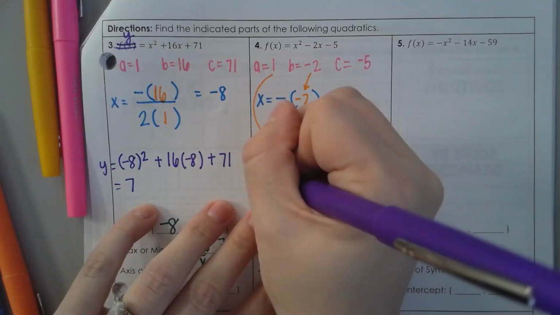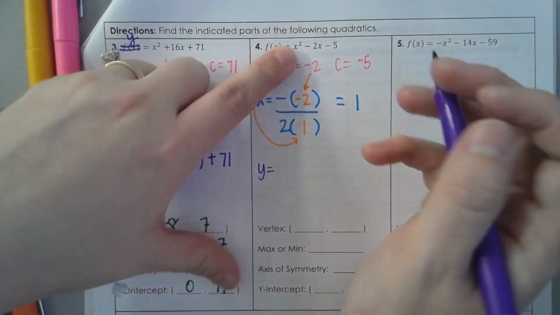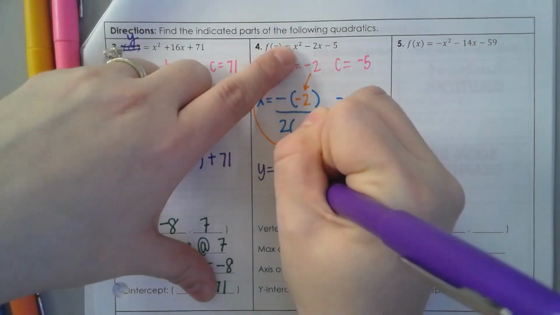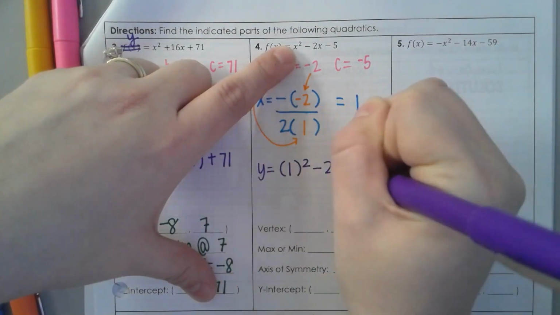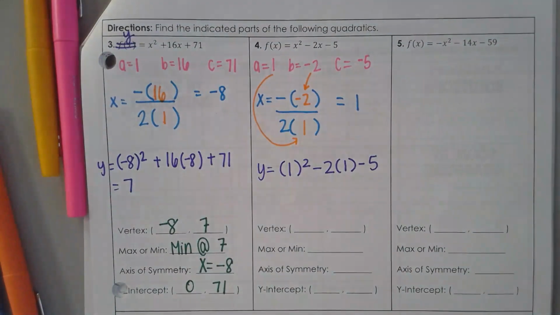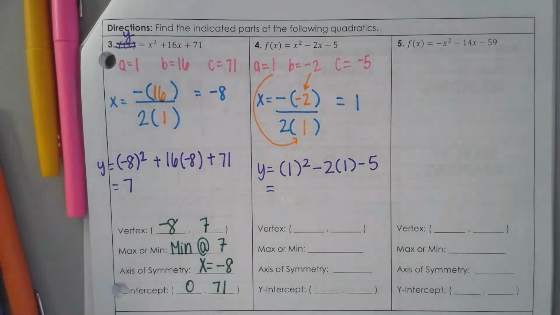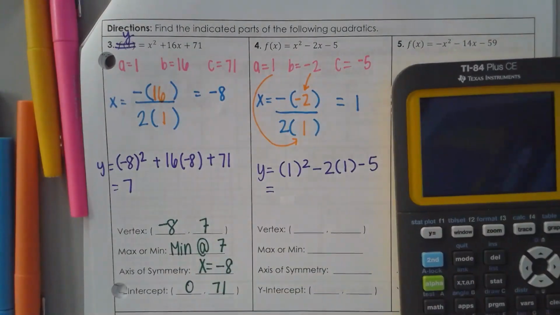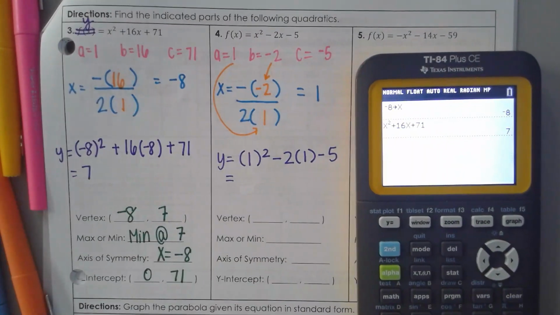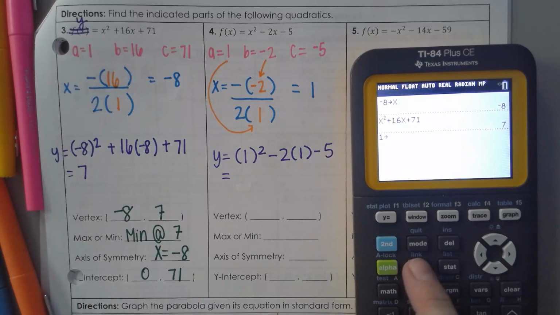And then to find the y value, we take the 1 and put it in the x spot. And you can use the store button instead. 1 store x.